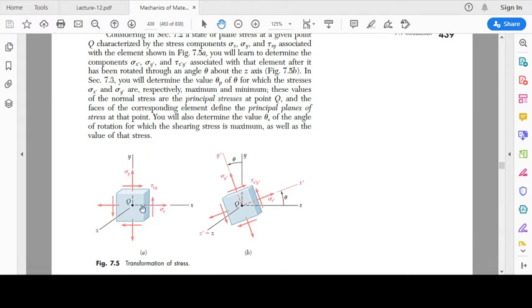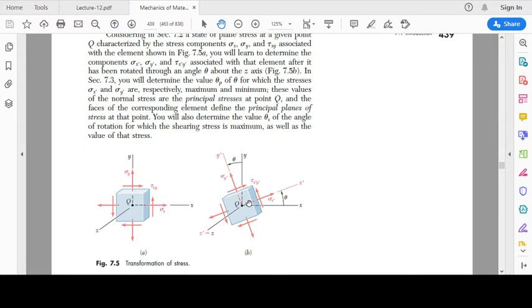On the horizontal plane at the top, perpendicular to this plane is the y-axis, so this is going to be sigma y, and this is going to be tau yx, which is equal to tau xy, so he has just used one tau xy.